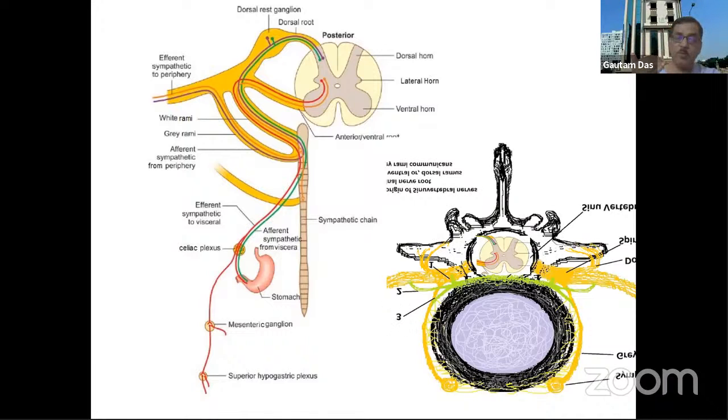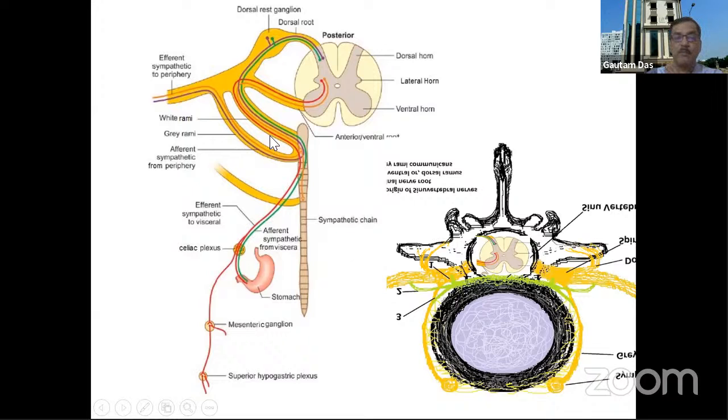If I'm talking about the level of the cervical, then this part is not there. Forget about this part in the cervical area. Suppose this is your C5 nerve root. They have only this gray rami. This is your white rami. White rami and gray rami are together and might be inseparable.